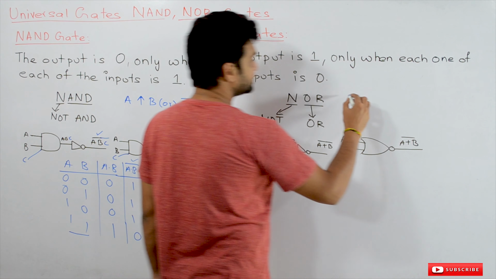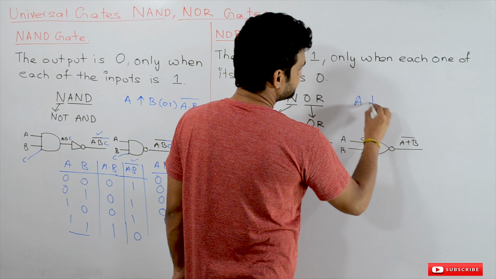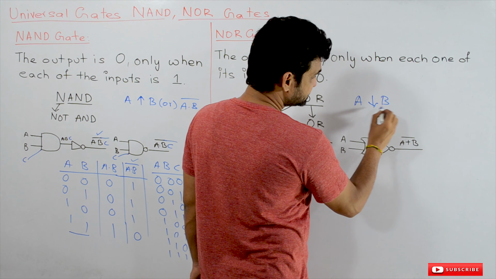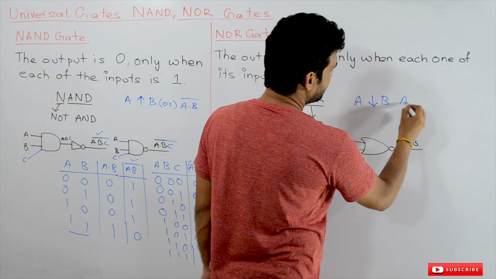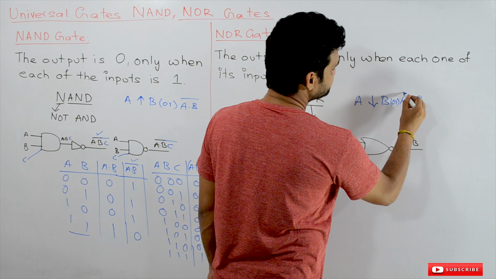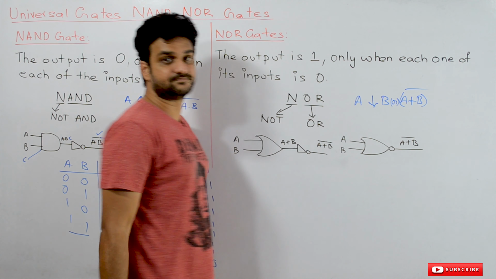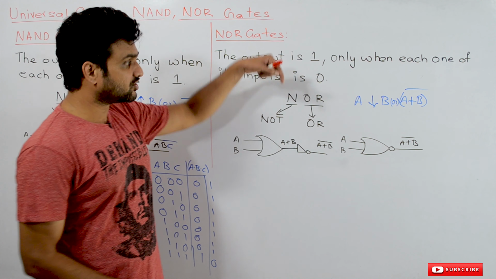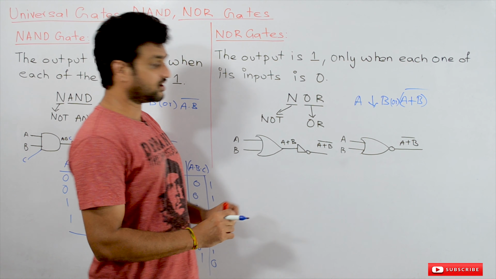The NOR can be represented by a down arrow, or it can also be represented by A plus B whole bar. Either can be used. The down arrow is used to represent the NOR operation.